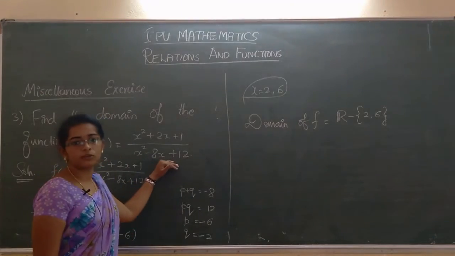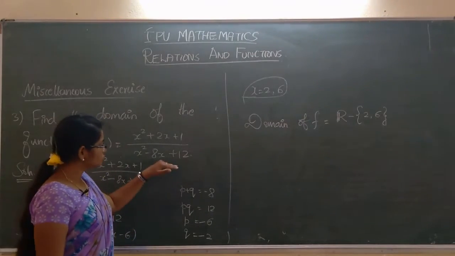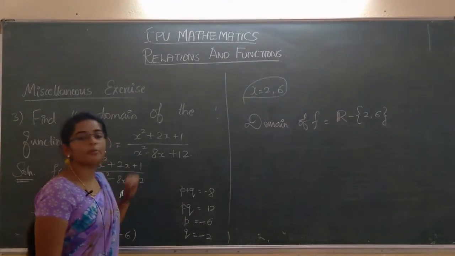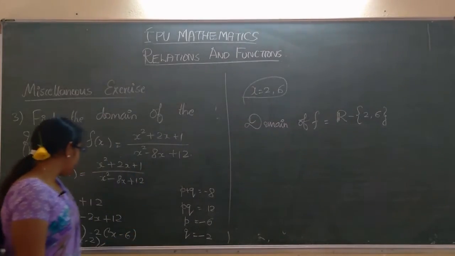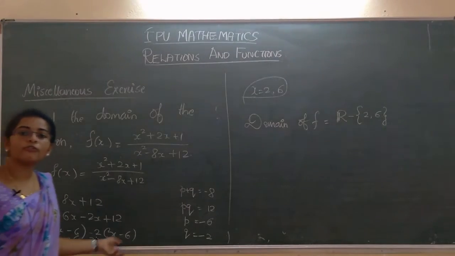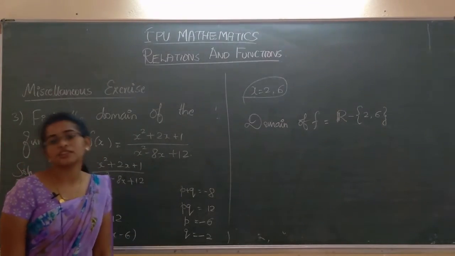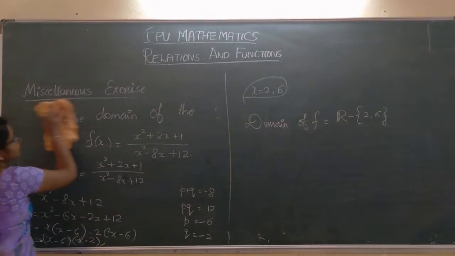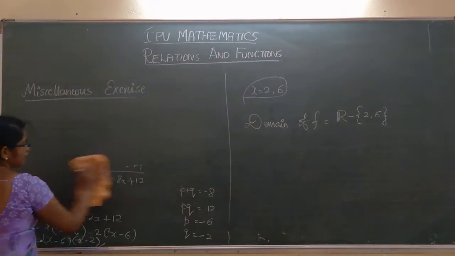Denominator should not be equal to 0. So, you should factorize the denominator and get the values of x for which the denominator vanishes. The values of x are 6 and 2 for which the denominator vanishes in this case. So, you need to exclude those two values from the set of all real numbers. I hope this is clear.